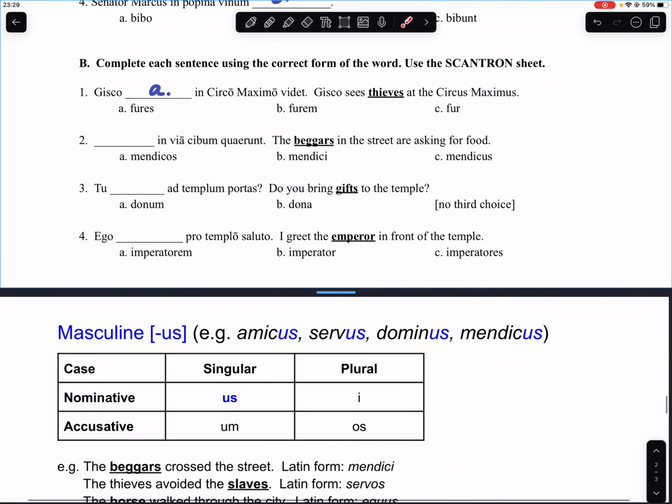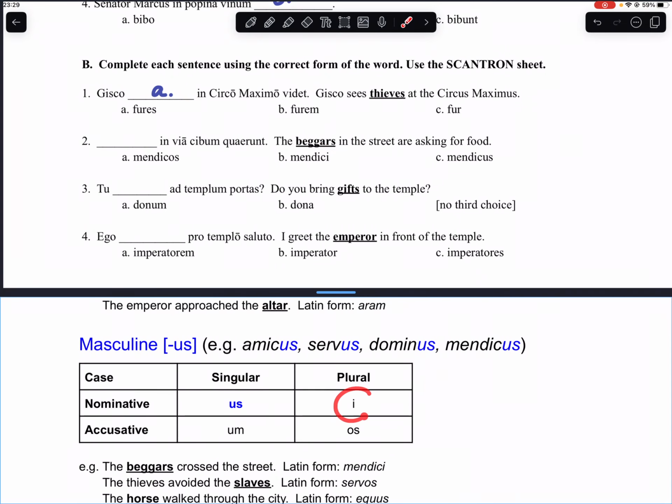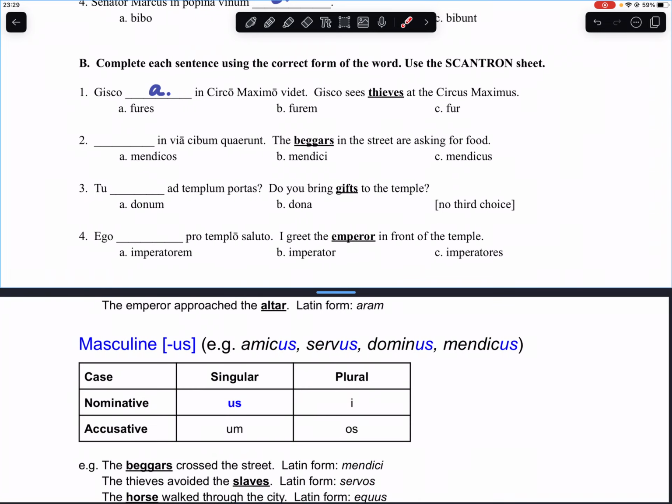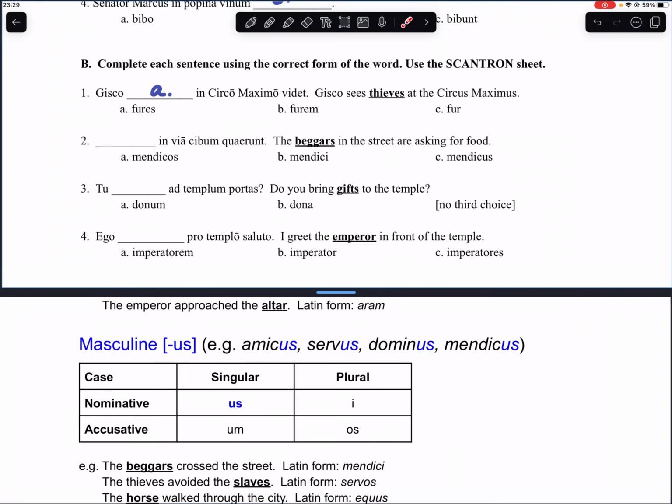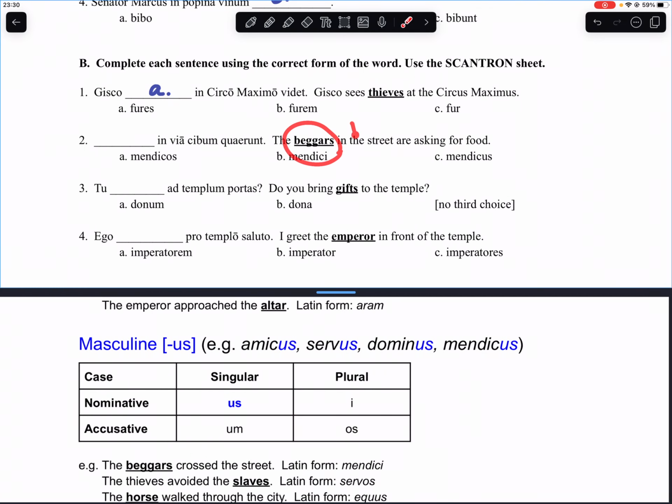So let's take a look. Mendici, that's definitely nominative. Mendicus is also nominative, but because it says the beggars, I know that that's plural. And so my answer is going to be mendici, letter B.